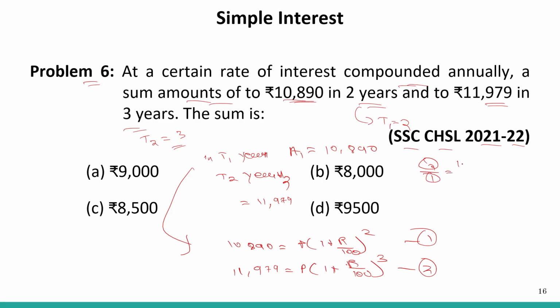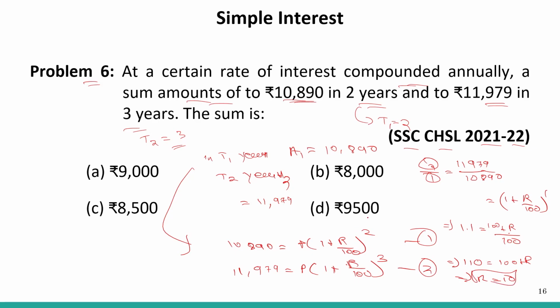So 11,979 by 10,890 is equal to 1 plus R by 100 power 1. This implies that 1.1 is equal to 1 plus R by 100, so 110 is equal to 100 plus R. So R is equal to 10.